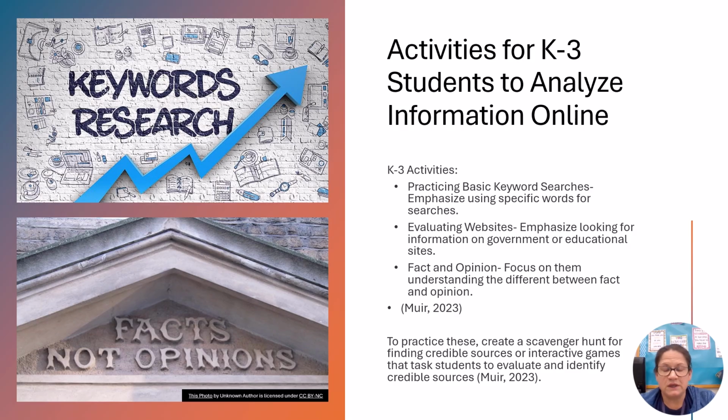In order to practice these strategies, you could create a scavenger hunt where students are finding credible resources on that topic, or interactive games that have students completing tasks that help identify credible resources.